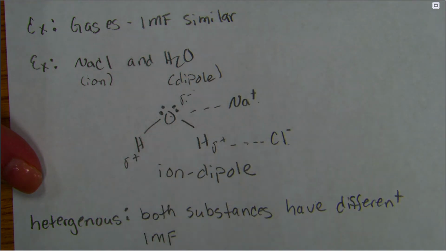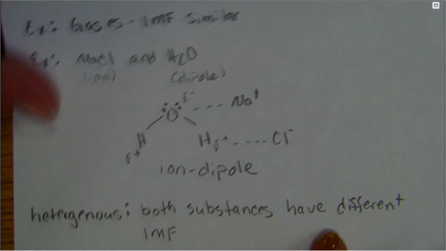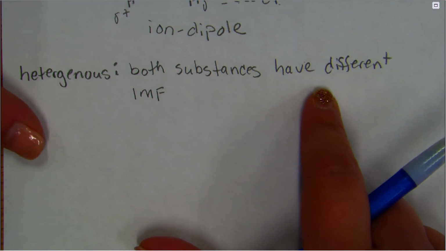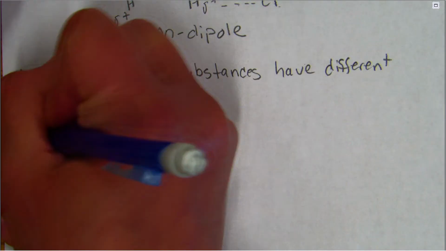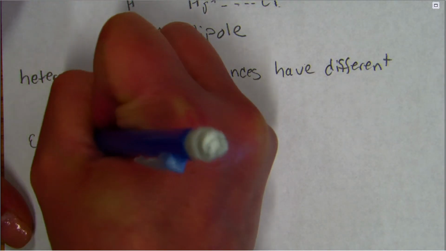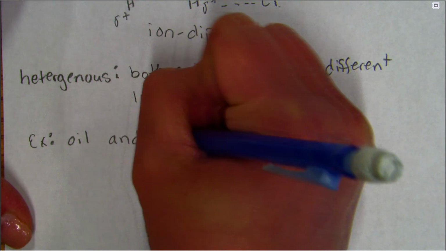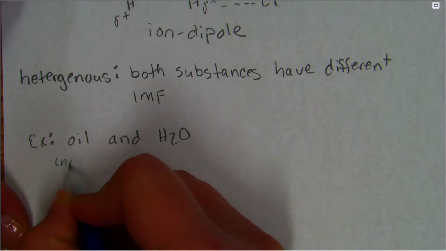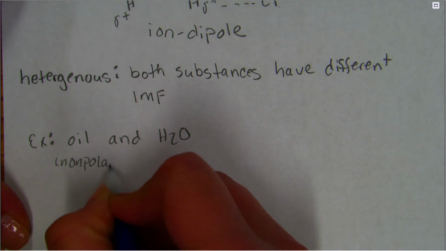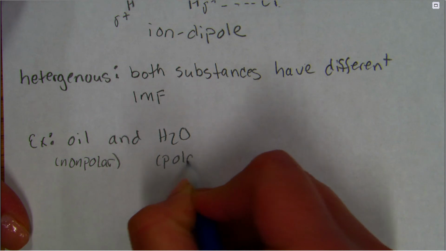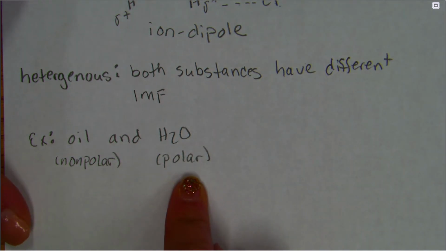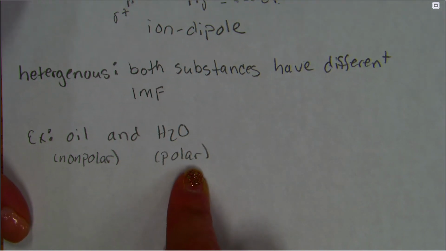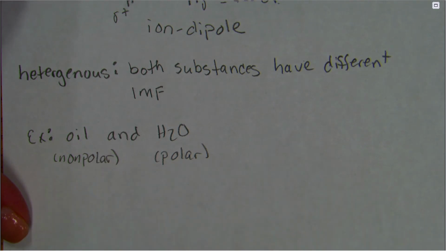So it is still a homogeneous. So when we say they have different, we're talking about very different. And the example for this is going to be oil and water. We know that oil is nonpolar, water is polar. Nonpolar and polar are unable to dissolve in each other. They have significantly different intermolecular forces.